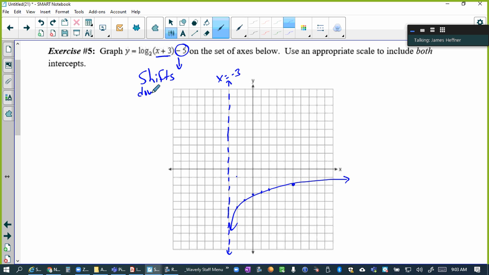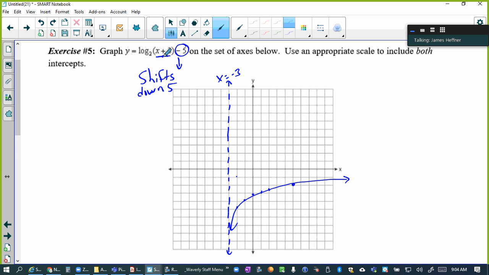Down. So it's like a translation from geometry, remember? You guys that took geometry, down 5. Now adding 3 is actually the opposite of what you think. It actually shifts the graph to the left 3. Okay? So that's why, instead of an asymptote of 0, we have an asymptote of -3, right?